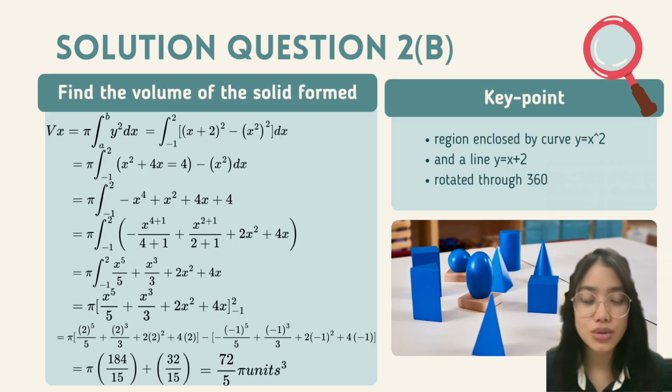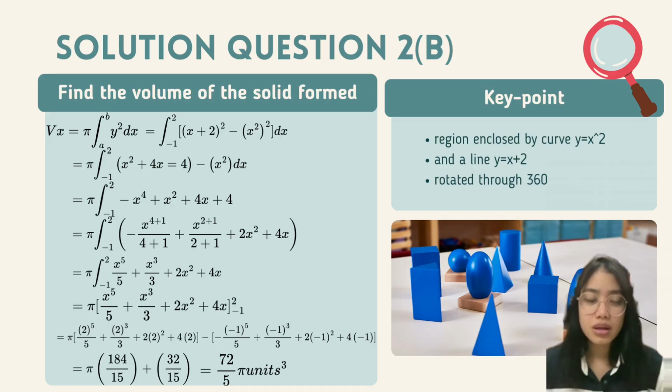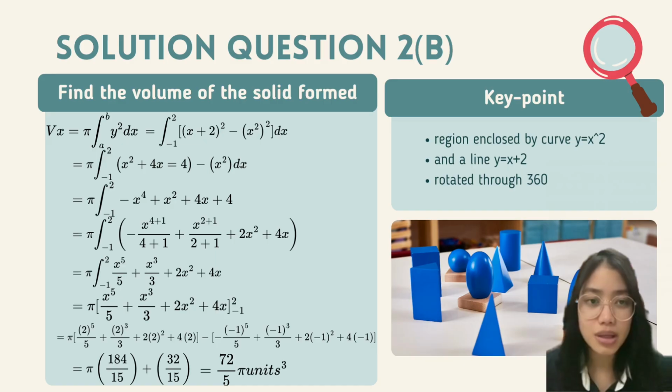So we're going to do some mathematical calculation, and we get pi times the integral from -1 to 2 of (x squared plus 4x plus 4) minus (x squared) dx.